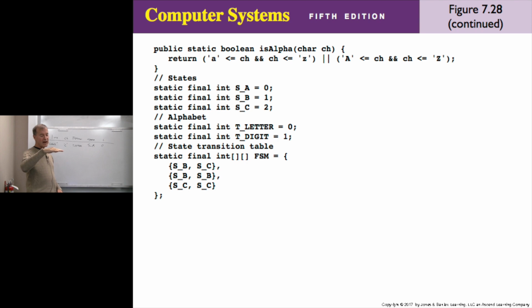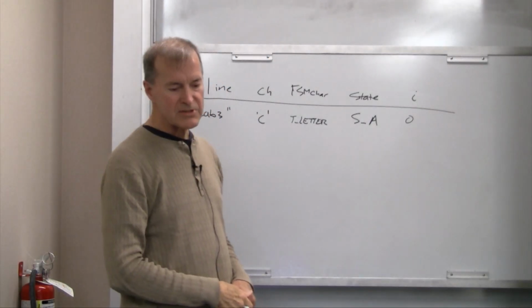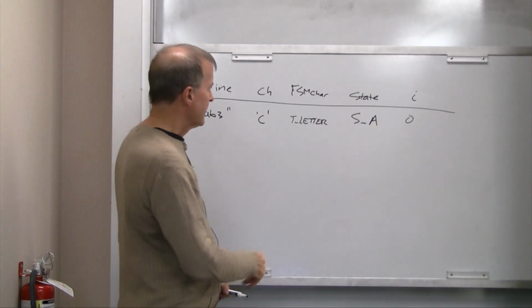But in our self-documenting version, what are the rows? A, B, and C, and the columns are what? Letter and digit, yeah. Are you with me on this? Letter and digit. So what is it looking up here? FSM sub what, sub what?